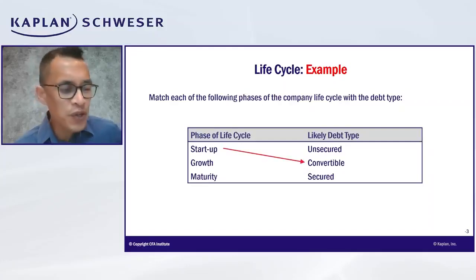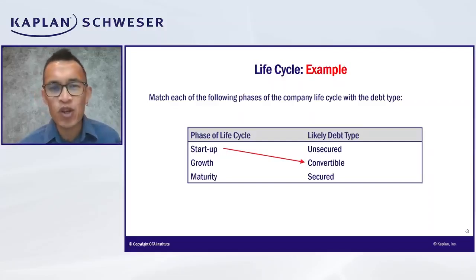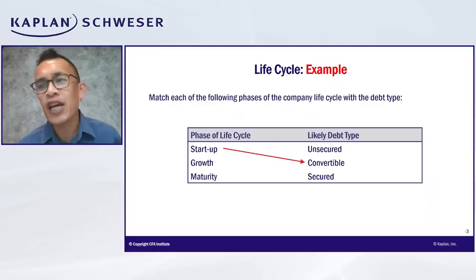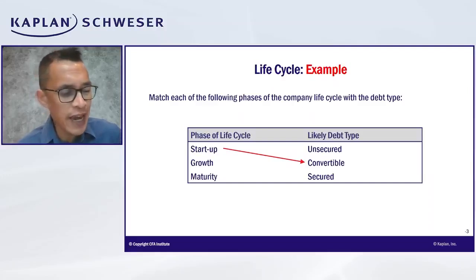Now, business risk declines and free cash flow improves in the growth phase, but cash flow is still likely negative. So that means secured debt financing is most likely in the growth stage.